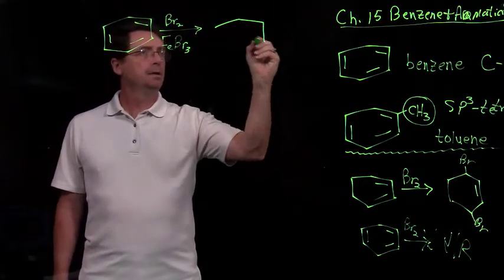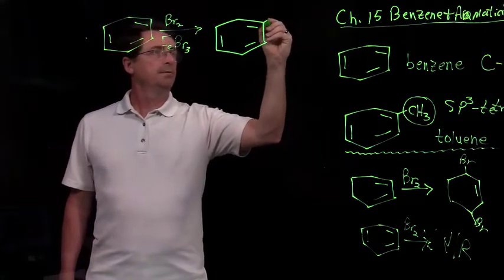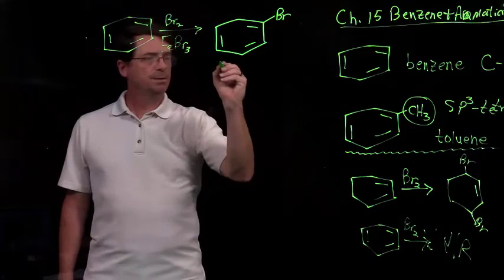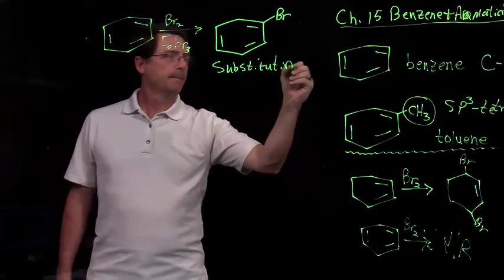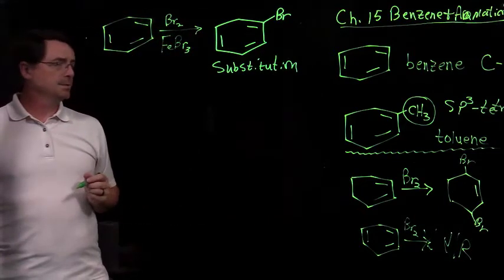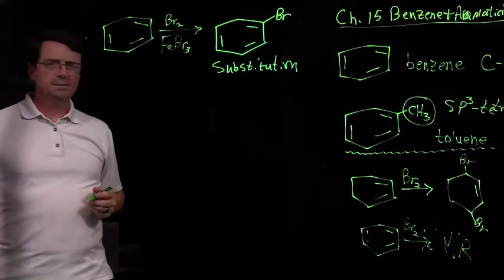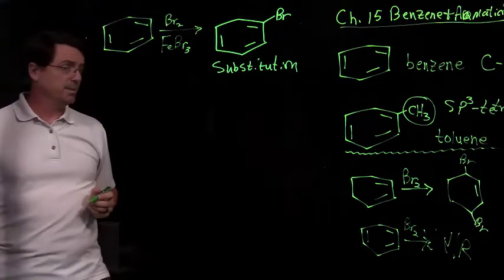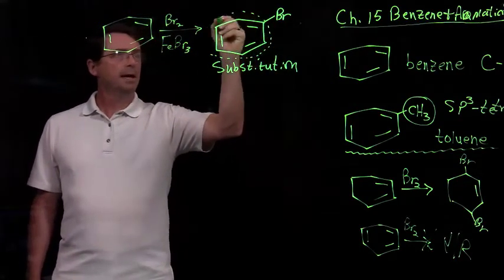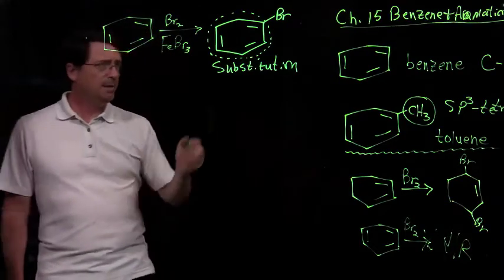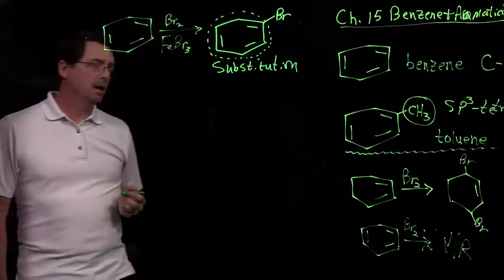What we observe is in fact a substitution product. And because we get substitution, when we have a catalyst and we get the reaction to occur, this tells us that there's something special about benzene again, because you see the core structure came back. And that means there's some special stability about this versus cyclohexadiene.